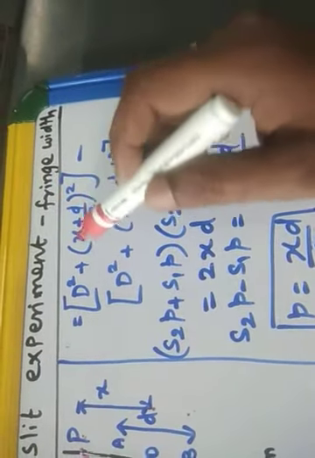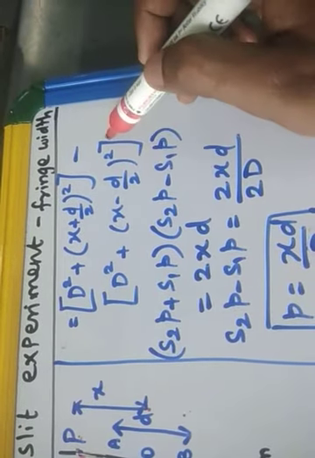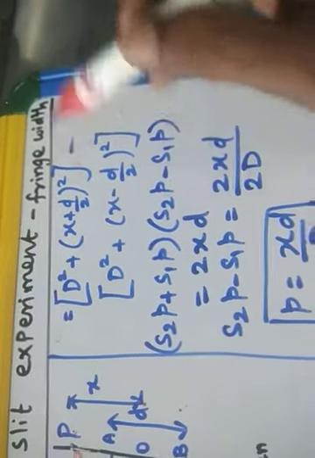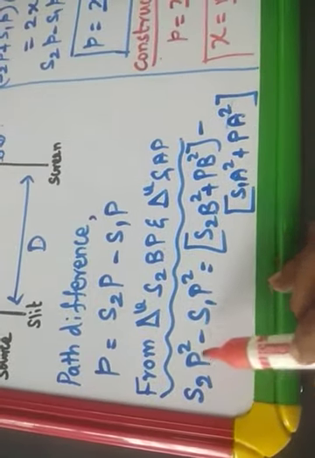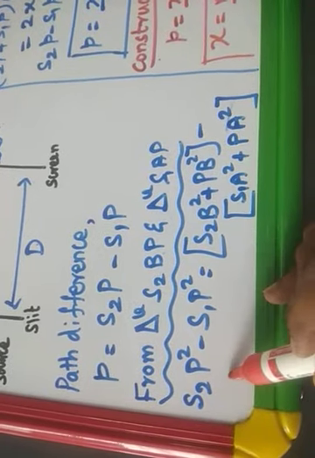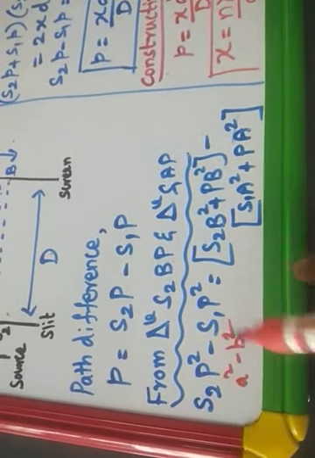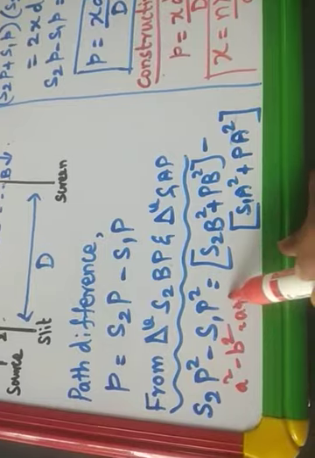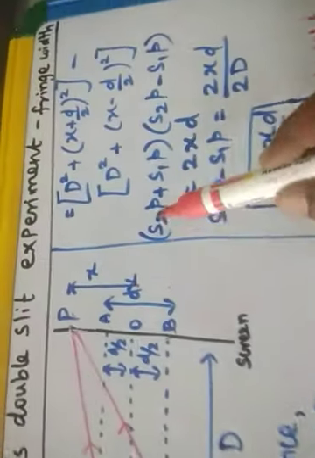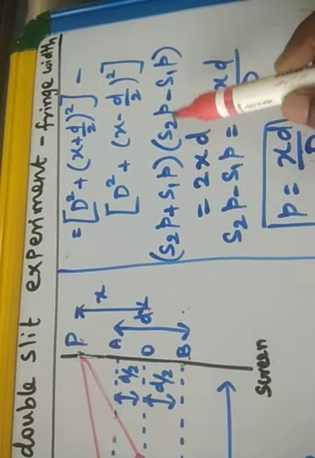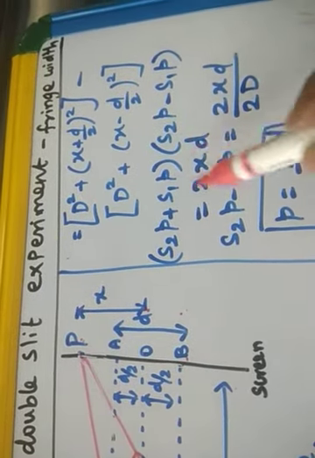By substituting the formulas (a plus b) whole squared and (a minus b) whole squared, we cancel all those terms. Finally, we get 2xd. On the left side, S2P squared minus S1P squared is similar to a squared minus b squared, which equals (a plus b) into (a minus b). So S2P plus S1P, into S2P minus S1P, is equal to 2xd.